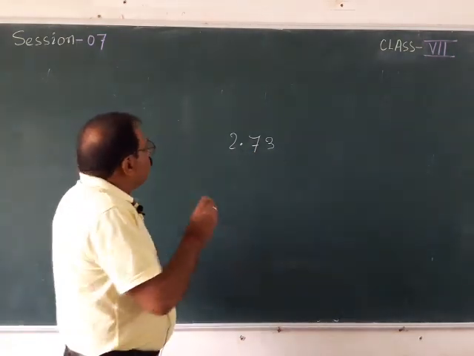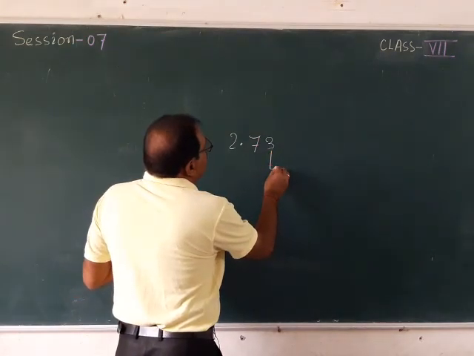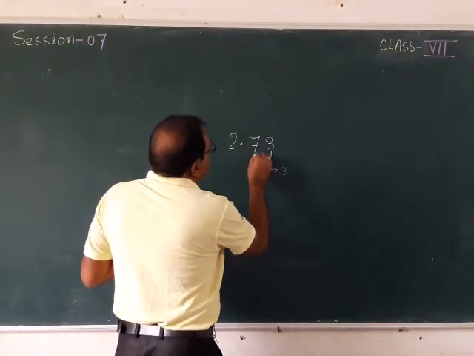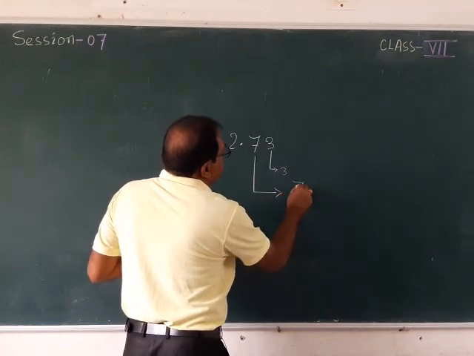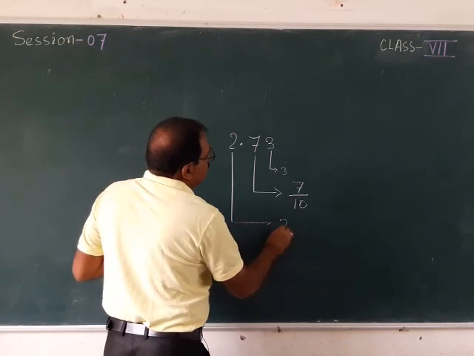Now, if I talk about place value, you are aware that the place value of this 3 is 3 upon 100, the place value of this 7 is 7 upon 10, and the place value of this 2 is 2.